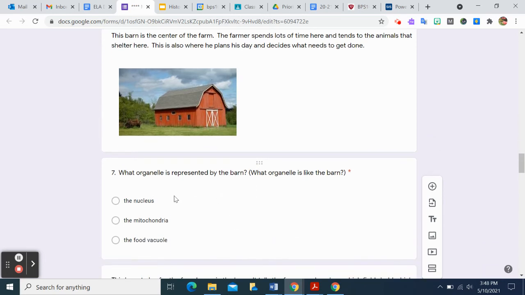Is that like the nucleus, the mitochondria, or the food vacuole? Which one of these is like a barn, where the farmer spends most of his time and the days are planned?